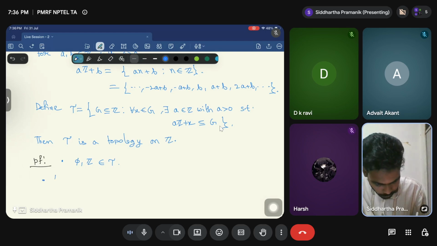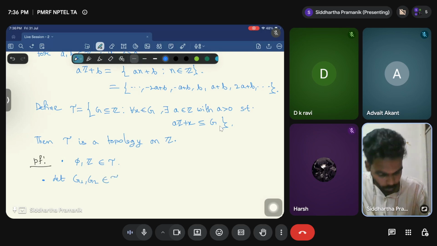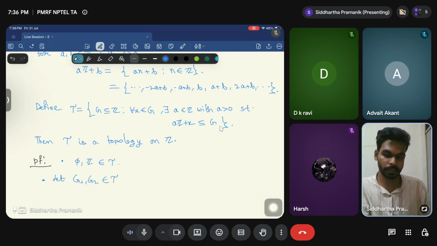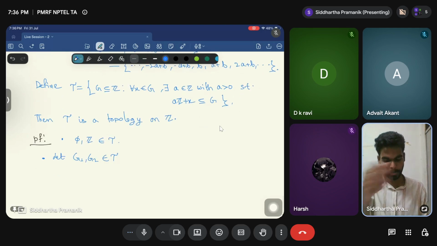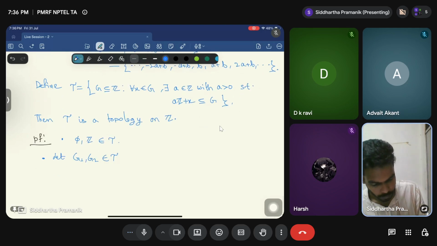So I will do it for 2 because it is equivalent. Let's take 2 elements from tau, and I will prove that their intersection is in tau. So we want to show G1 intersection G2 is in tau.